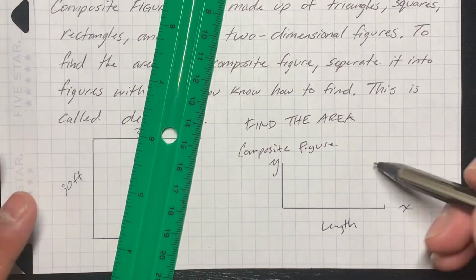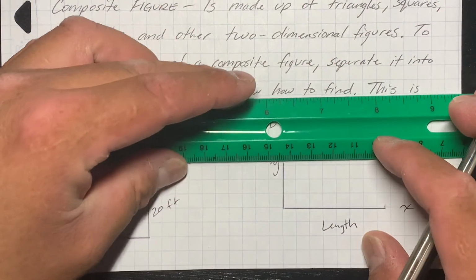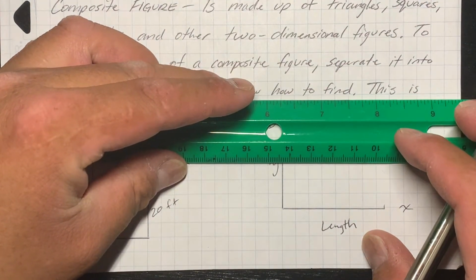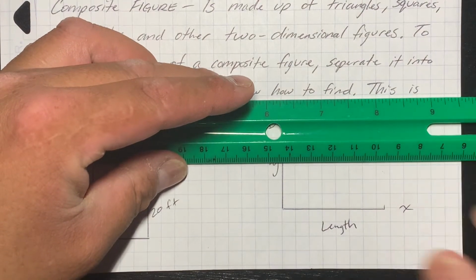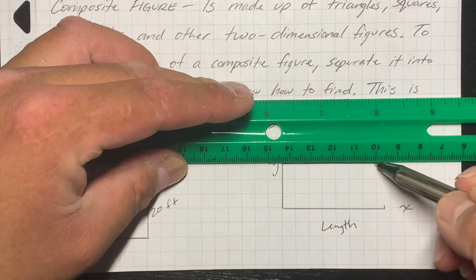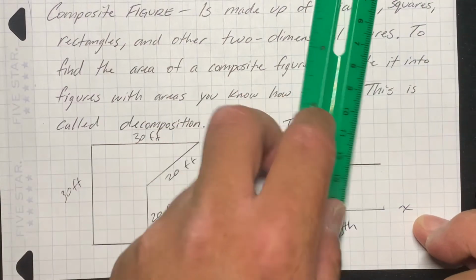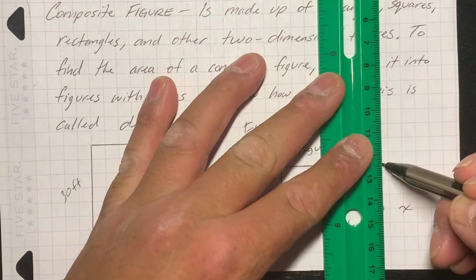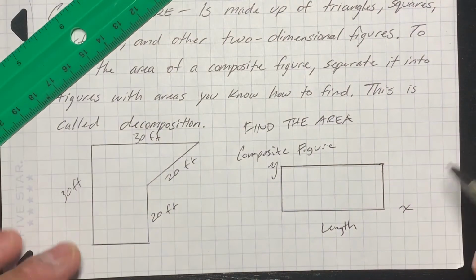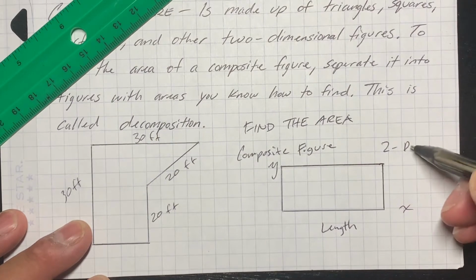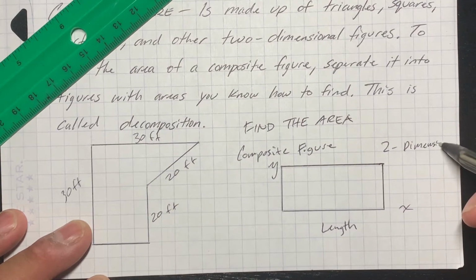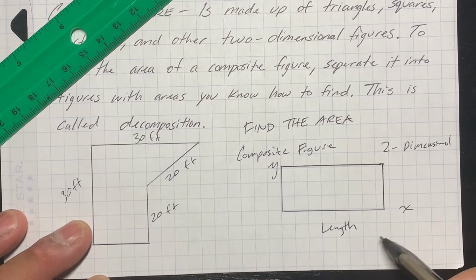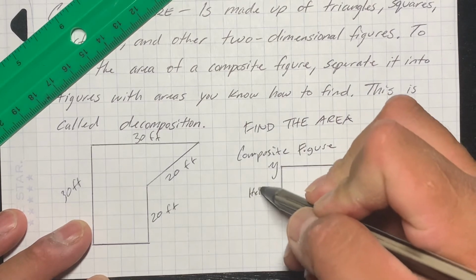So in this case, if we have a two-dimensional figure, if we have this two-dimensional figure, this is two-dimensional. Okay, we have a length and we have a height.